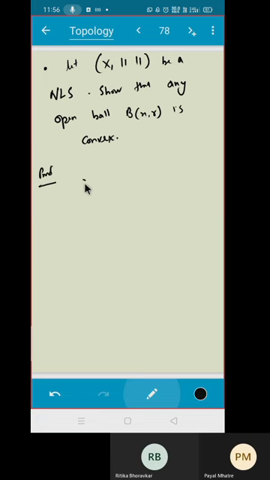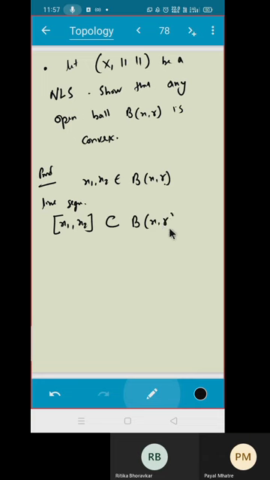For the proof, let us take x, y belonging to B. Should I put x, y or some other variable? Say x1, x2 belong to this B(x, r). What am I supposed to prove? I'm supposed to prove that the line segment [x1, x2] is completely lying in this B(x, r).